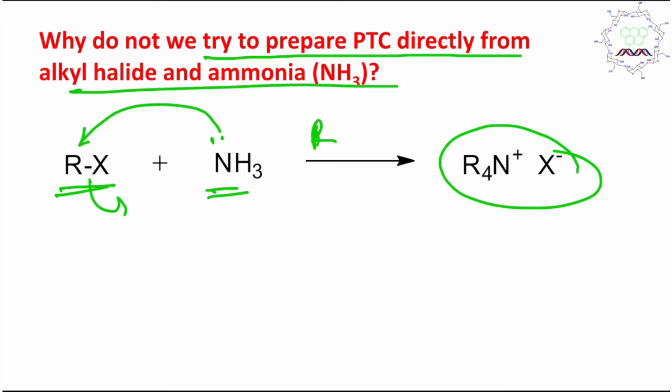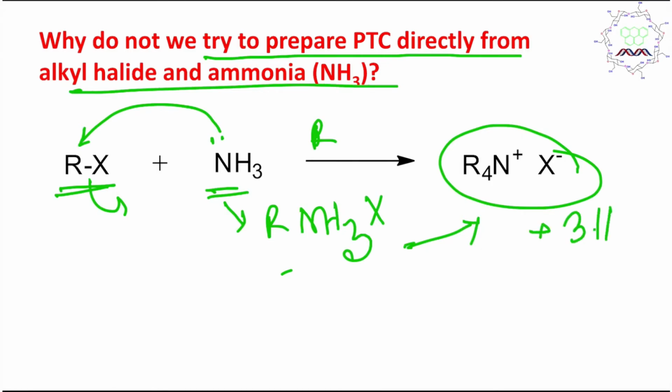In this way it produces RNH3X. So the reaction goes on step by step, and ultimately quaternary ammonium X plus 3HX is produced. Why 3HX? 3 hydrogens from the ammonia and 3 from here, and the fourth one is there as a counter anion.